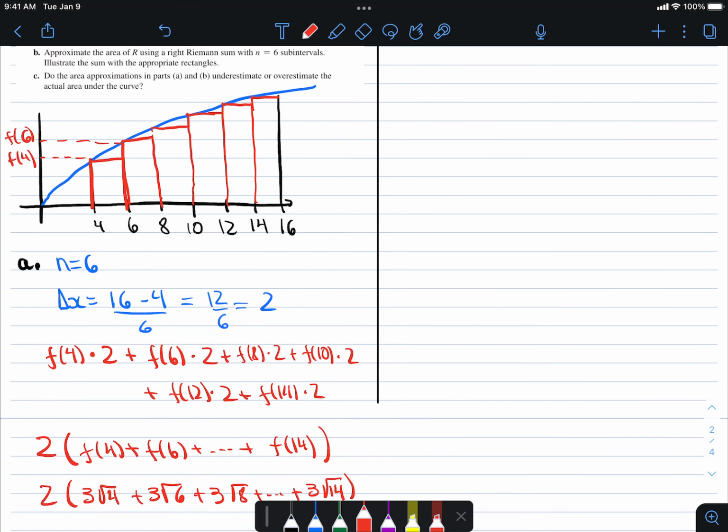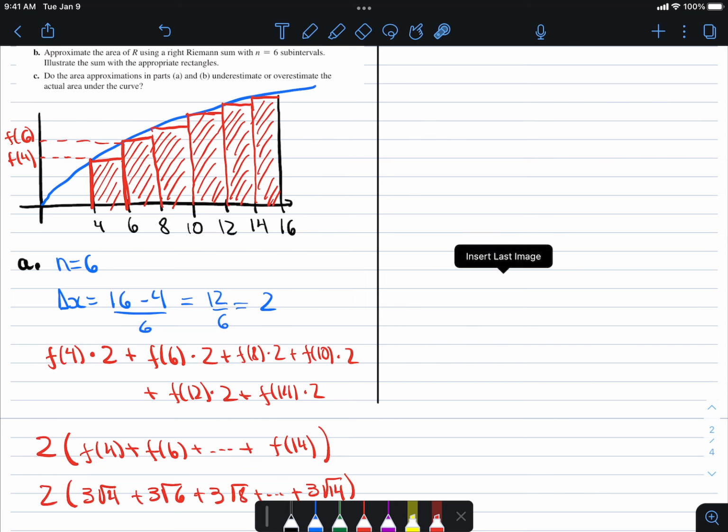One observation. If you add the areas of all of these red rectangles, they're all under the curve, right? So we're always missing some parts here. So that is definitely an under approximation. So we're approximating this, but we're not quite there yet.